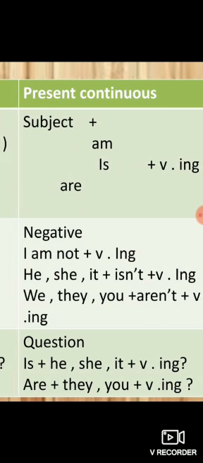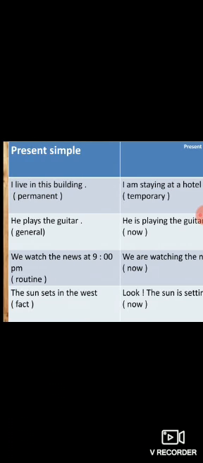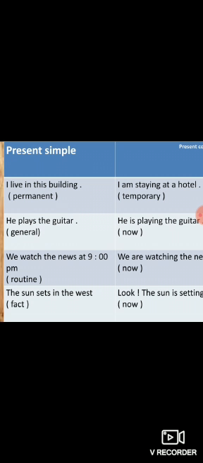Okay, now let's see these examples. The difference between the present continuous and the present simple tense. We use these two tenses in different ways. Let's understand now what they are.